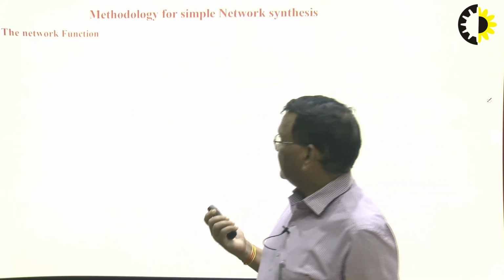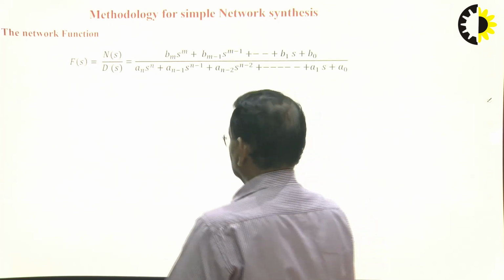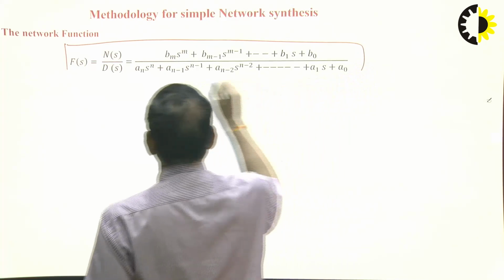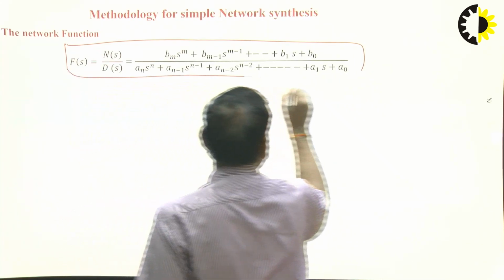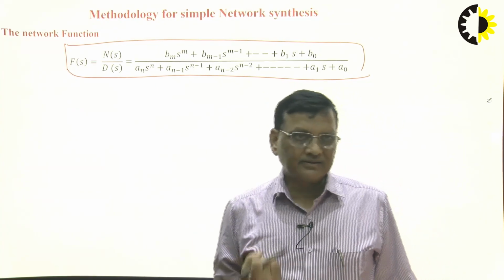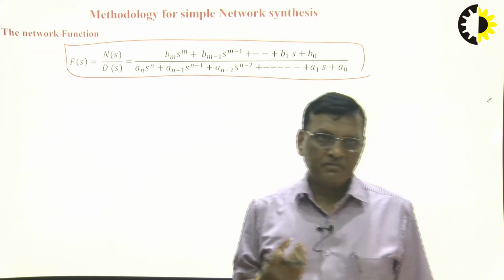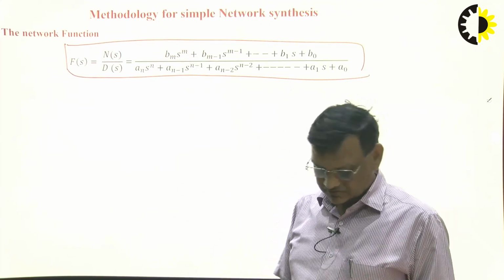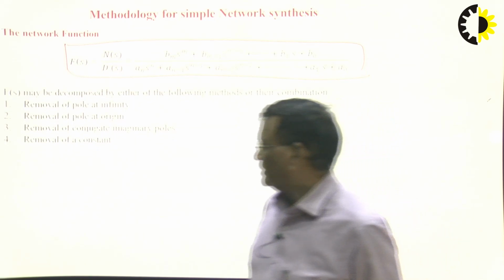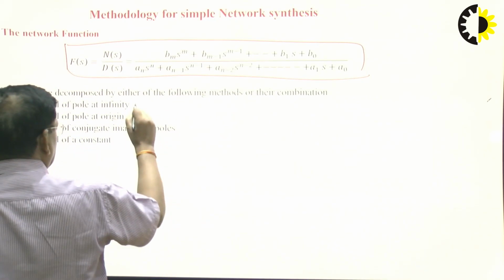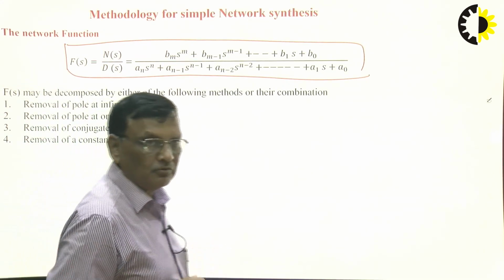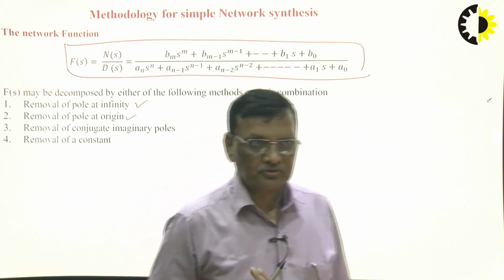So, basically this is the network function of any network. Now, you have to decompose this function to get the required network. What are the techniques and methods by which we decompose this network function? Basically there are four methods: removal of pole at infinity, removal of pole at origin, removal of conjugate imaginary poles, and removal of a constant.